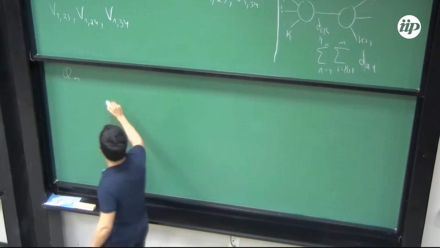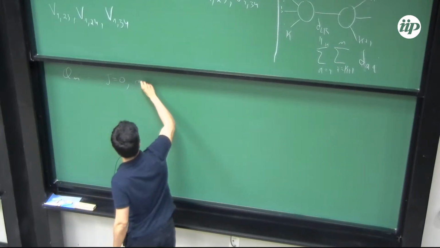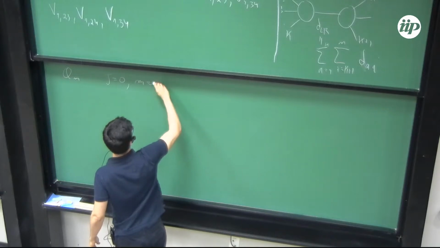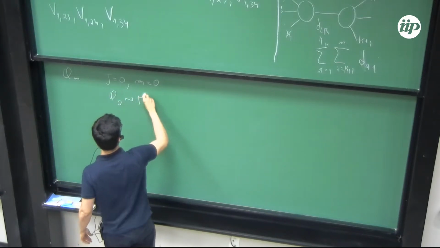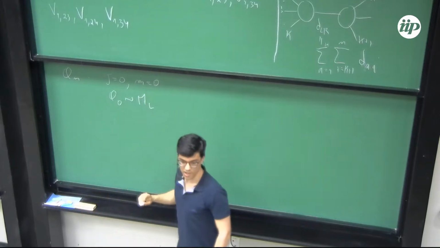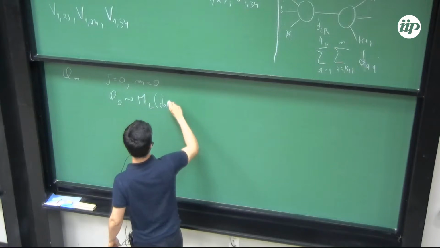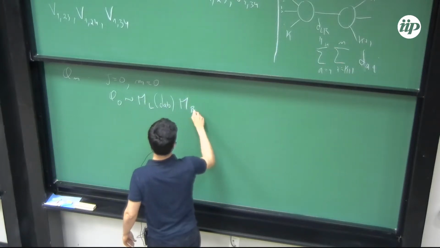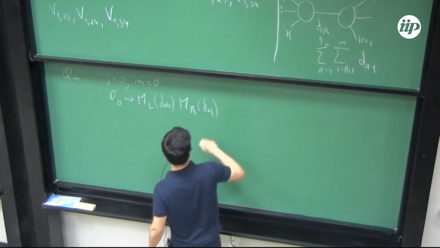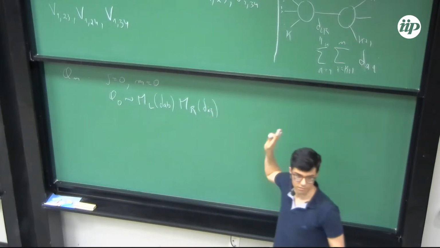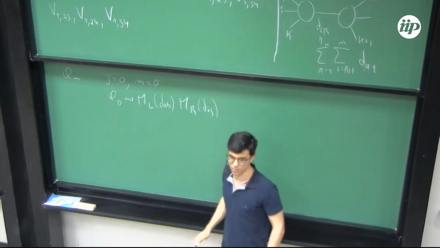So for example, if I focus on spin 0 and the first pole m equals 0, this Q0 is basically just proportional to the Mellin amplitude on the left with some variables delta ab times the Mellin amplitude on the right with some variables delta ij. Where the delta ij's are the variables in the right Mellin amplitude and these for the left Mellin amplitude.